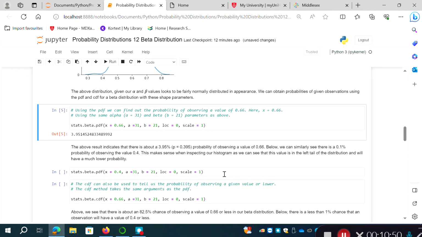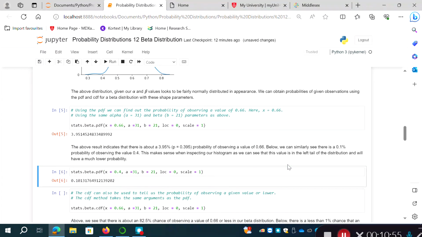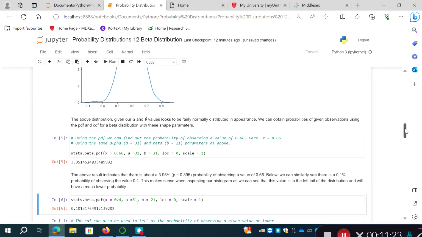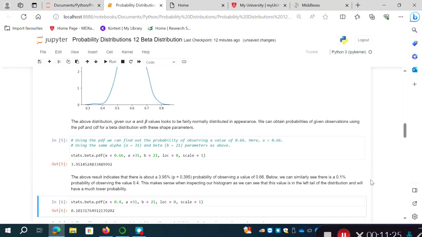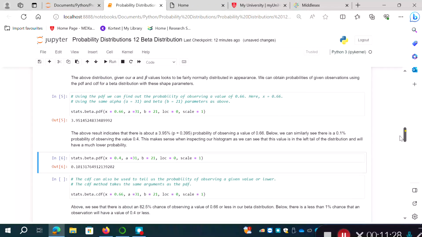So if we run that, same thing, same parameters, you see we've got like a 0.1% chance of observing the value of 0.4. And you can see that the density at 0.4 is very low. If you inspect our histogram or our kernel density estimate, we can see that the value 0.4 is right in this very low tail of the distribution, and it has a much lower probability, as is the case here.